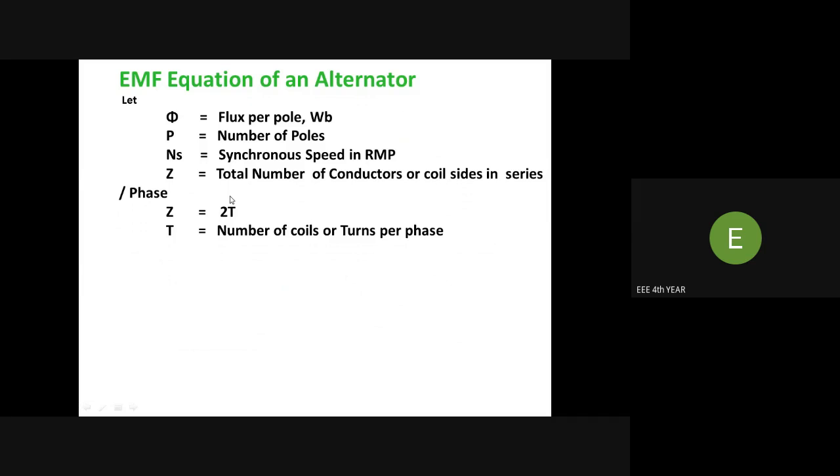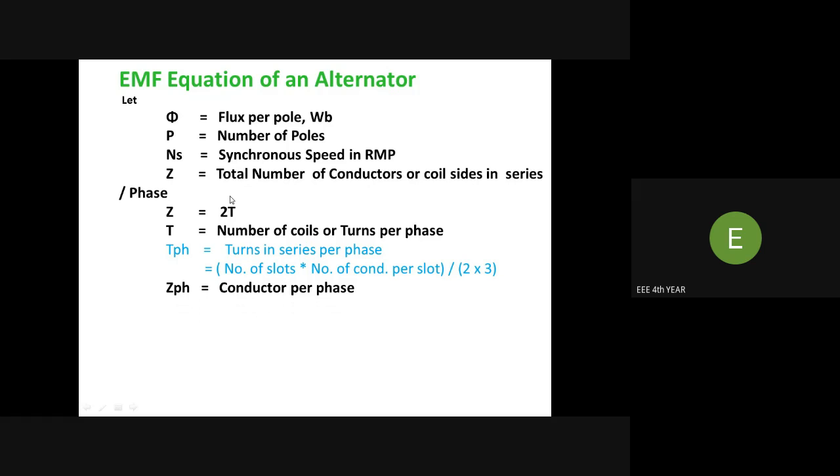So totally it is equal to 2T. T per phase is the turns in series per phase, which is number of slots multiplied by number of conductors per slot divided by 2 into 3. With the help of this formula, we can determine the turns per phase.